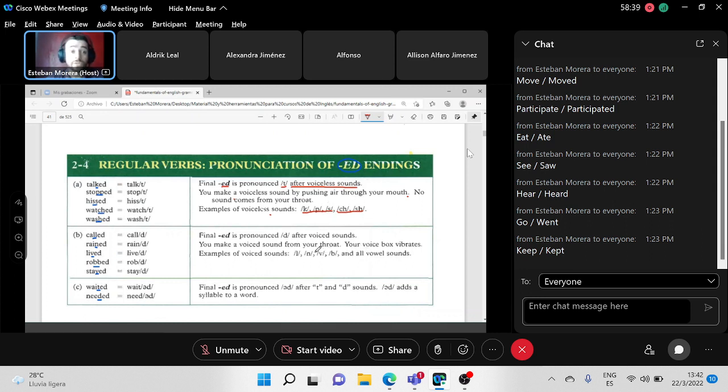They don't have any vibration. And if you pay attention to these examples, to these words that we have here, these final sounds that you have in these examples don't vibrate. They don't have any vibration.